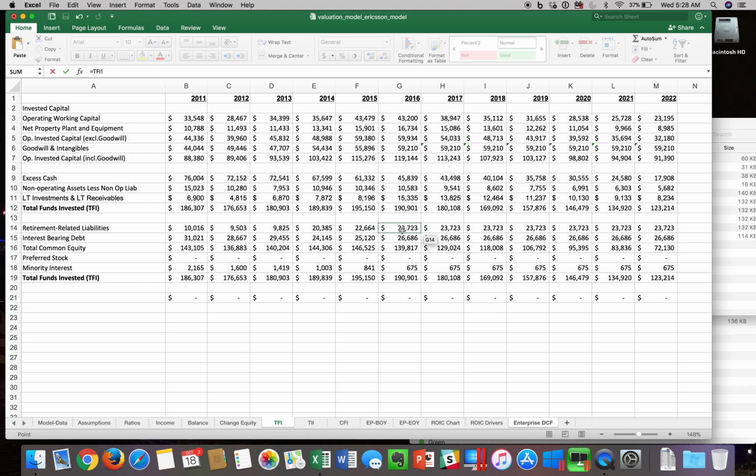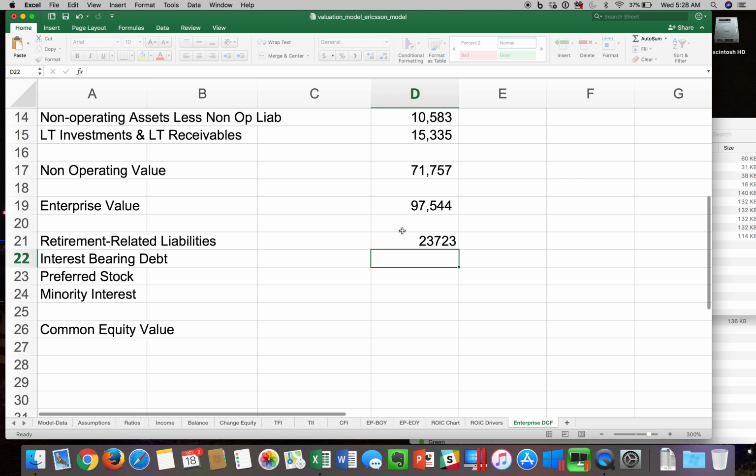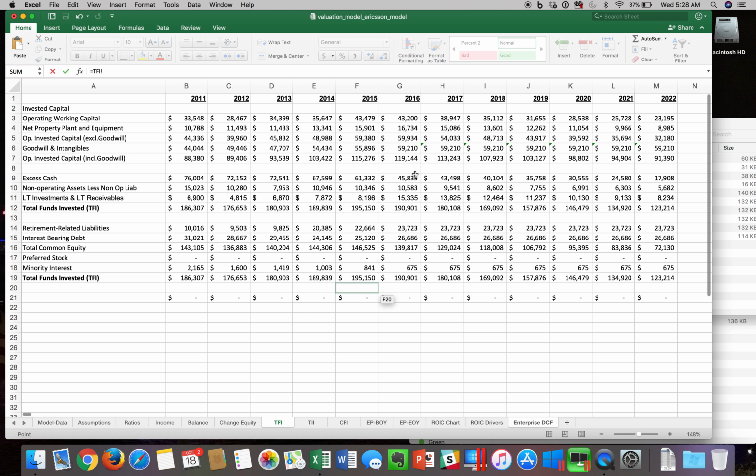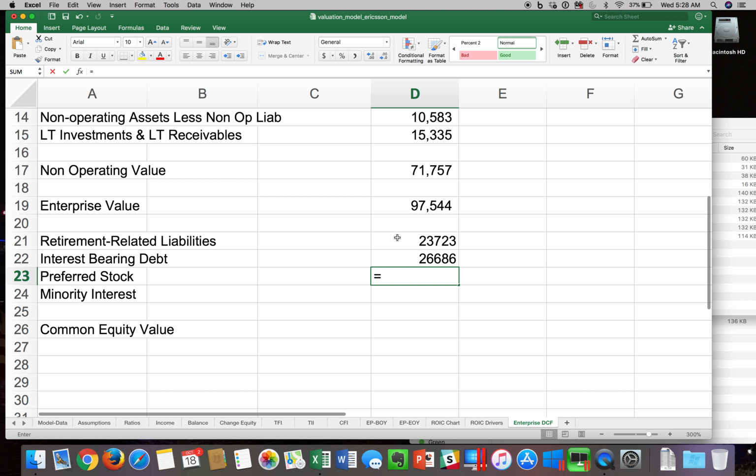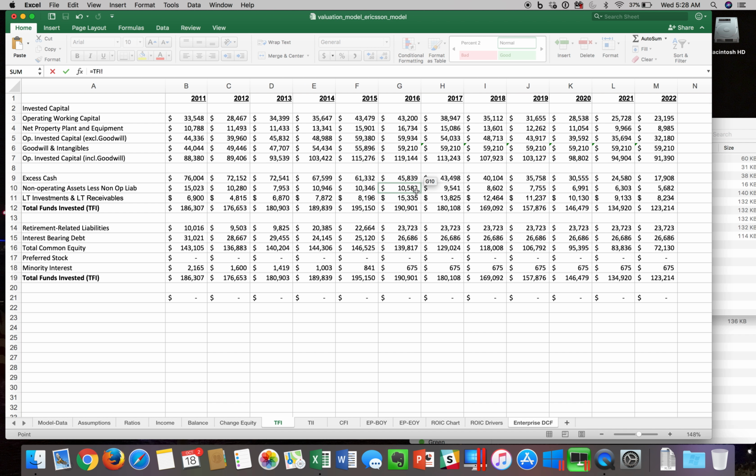2016, which is G14. Debt is TFI G15. Preferred shareholders are owed G off of TFI 17.